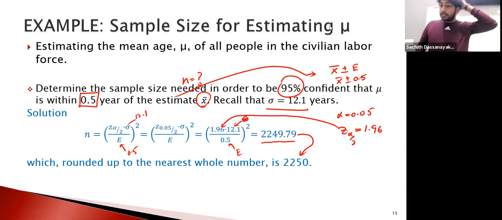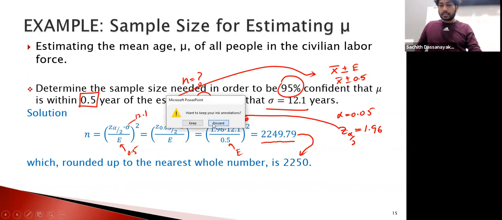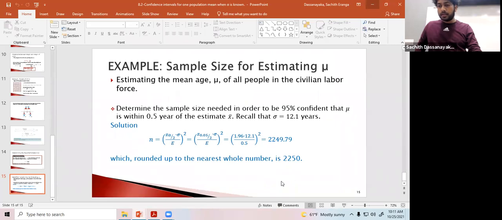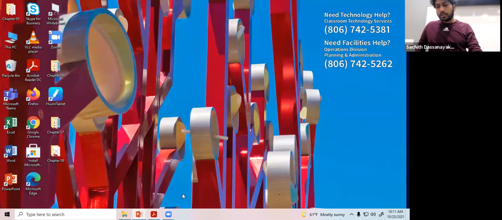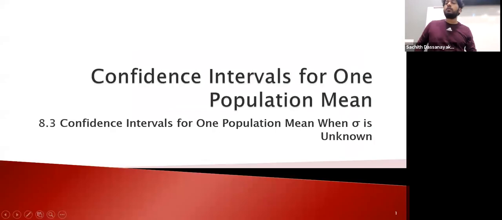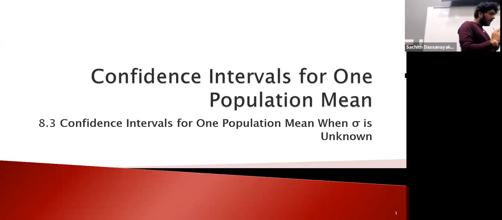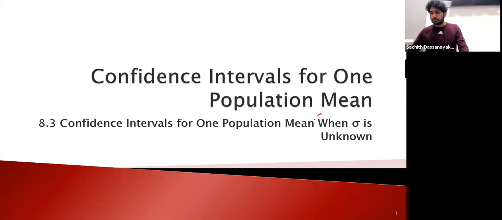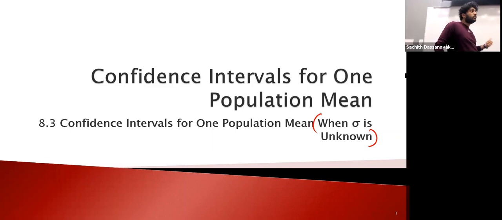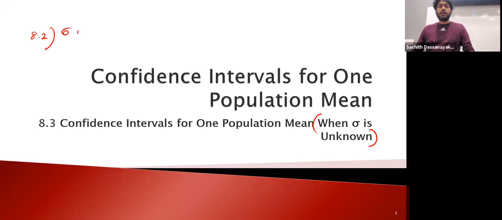Then I'm going to move to the next part, which means section 8.3. In this case, the only difference is sigma is unknown. Previous case, section 8.2, sigma is known.